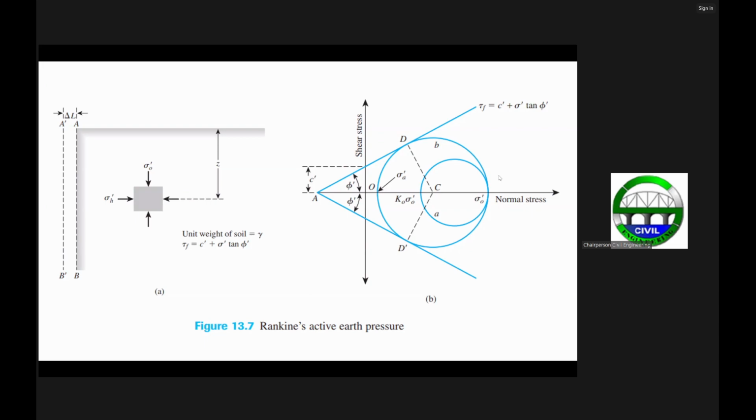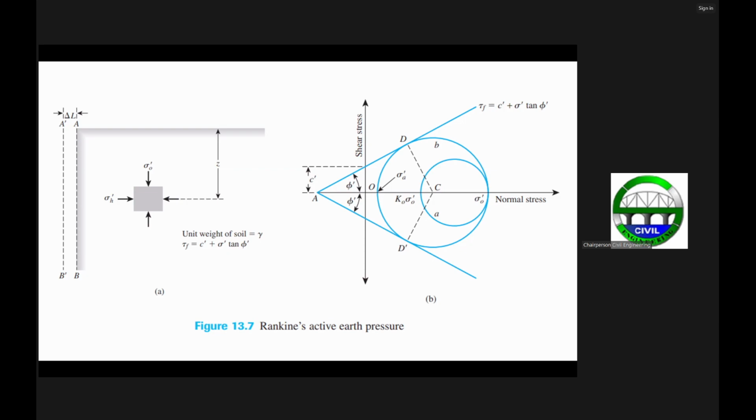So if this is now your active earth pressure, then you now have your second Mohr circle here. Okay, the second Mohr circle. And then you can now have your failure envelope tangent to the bigger circle, which is equal to this formula here, which we have just seen in our last lecture.